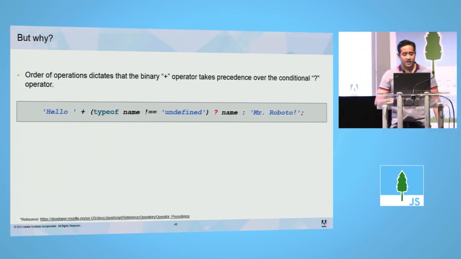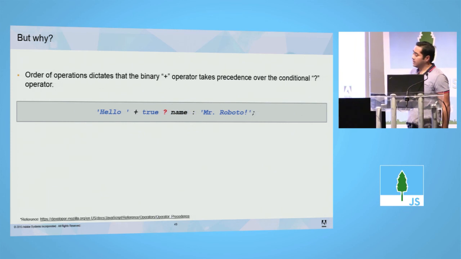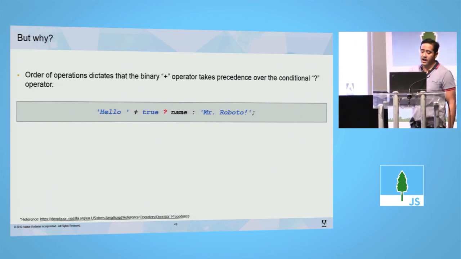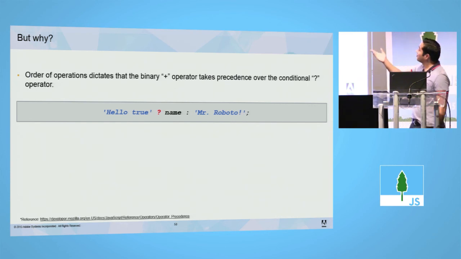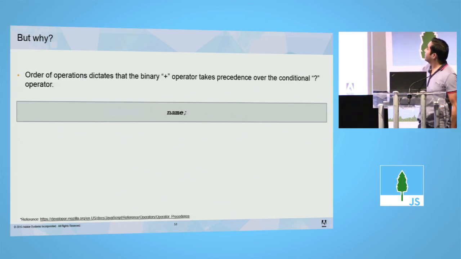So what happens here? Typeof name not equal undefined is going to be true. But since plus has precedence, we're going to get hello true, and that is always going to be true because it's not null. And so we get that.